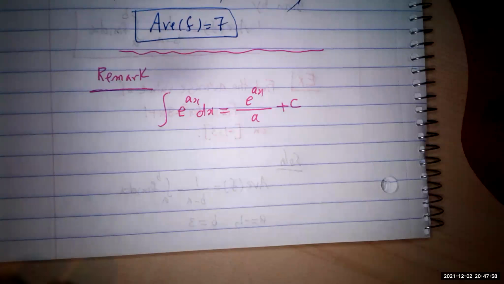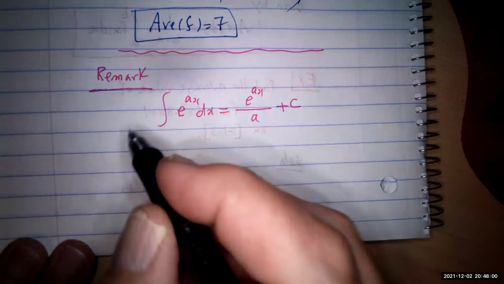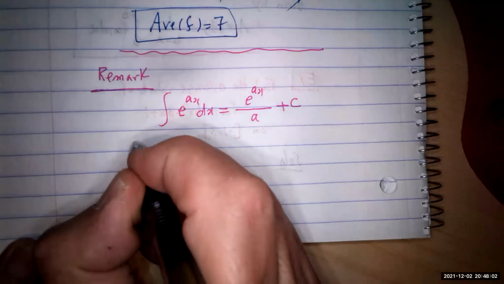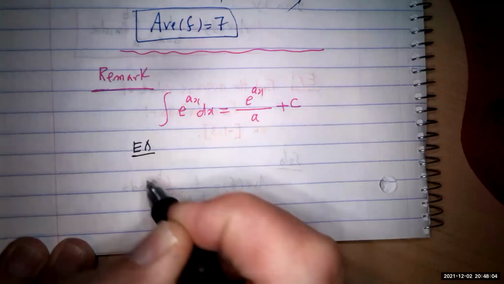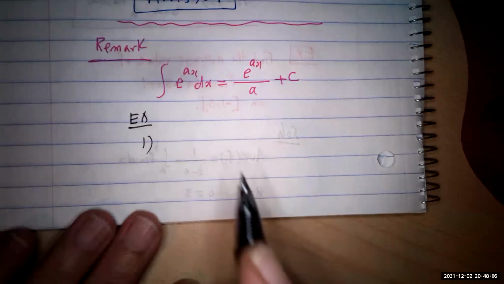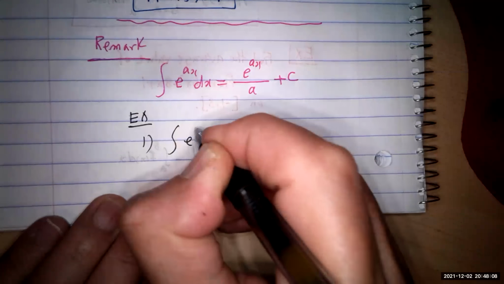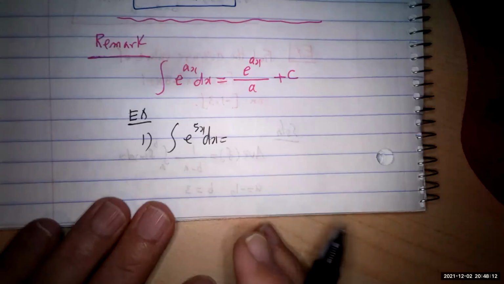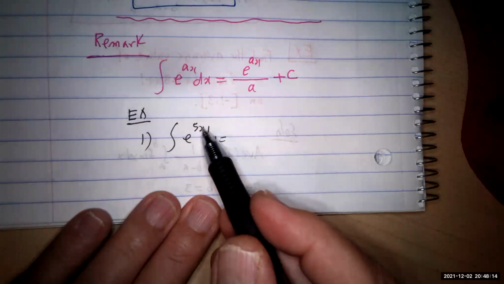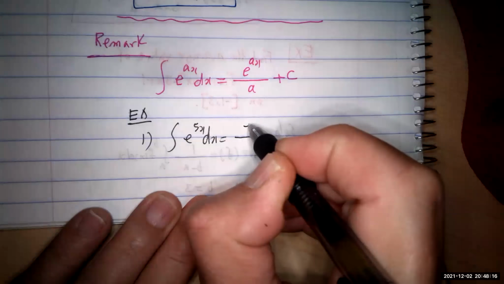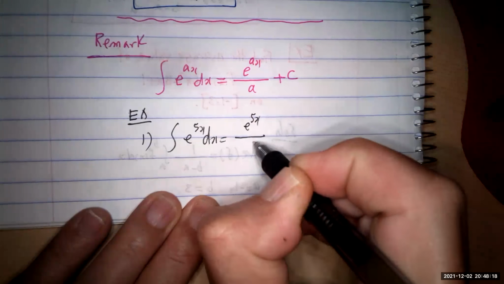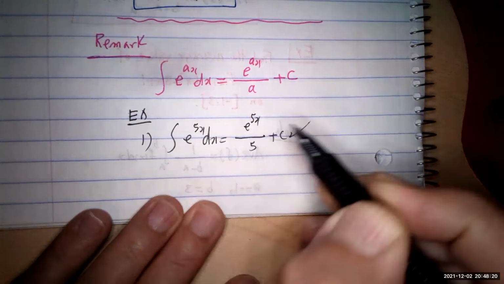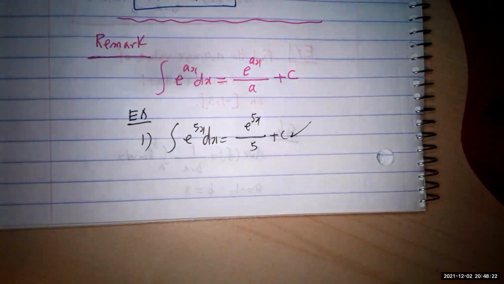So, for example, if you want to find the integral of e to the 5x dx, you simply put e to the 5x divided by 5 plus c, and then you're done.